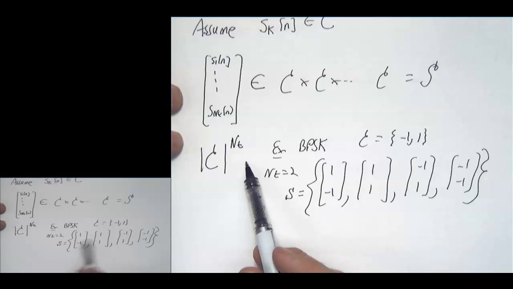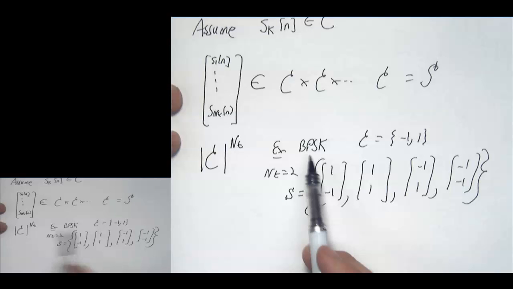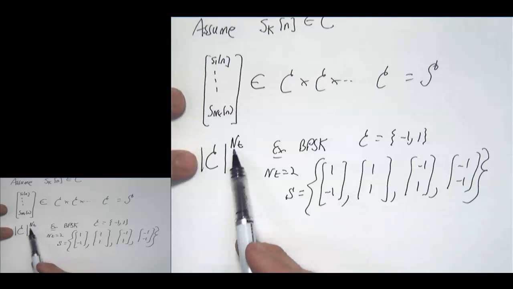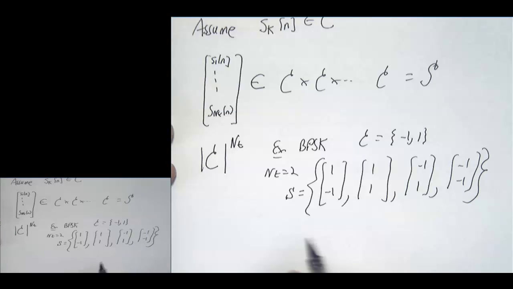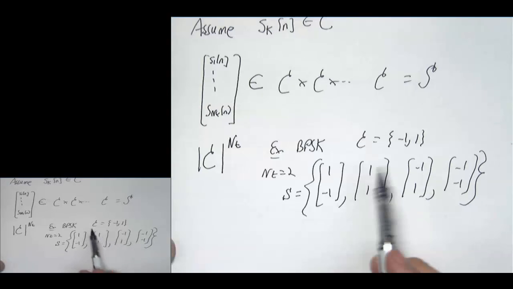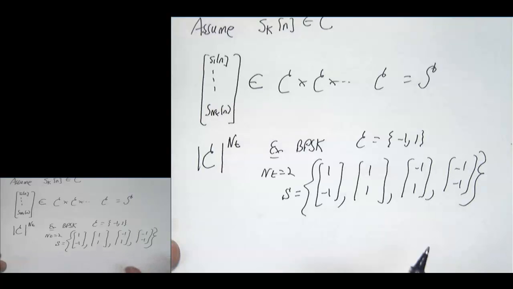You can see that the larger the constellation and the larger the number of antennas, the bigger this set is, so the set can easily be very large. That's the whole point of spatial multiplexing: to send a lot of information at once. So this is the set of possible vector symbol values.